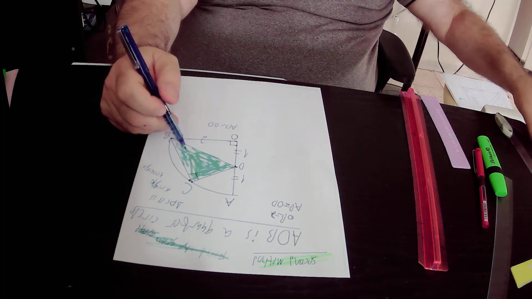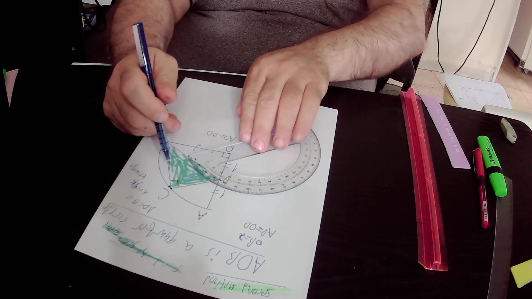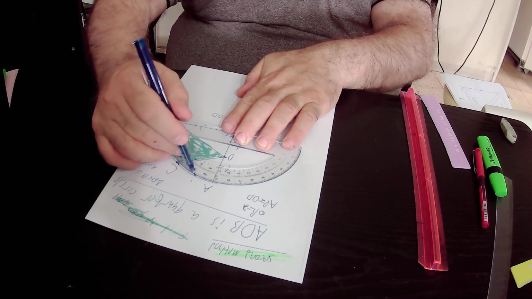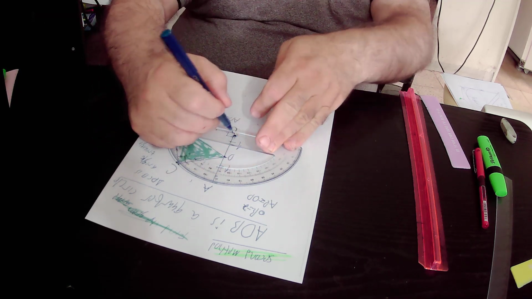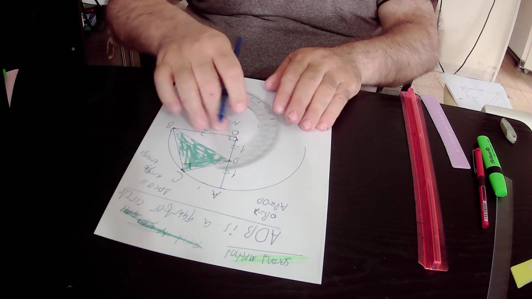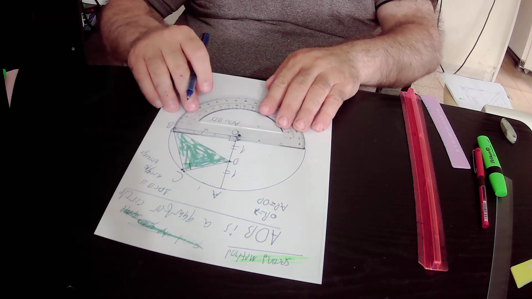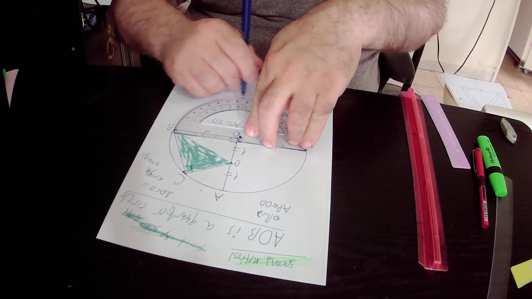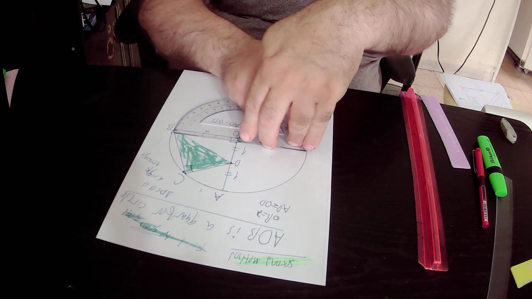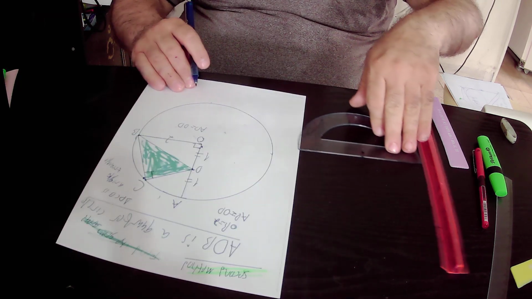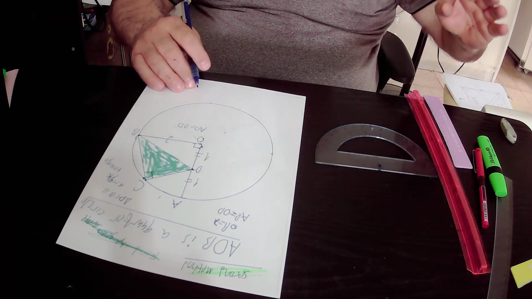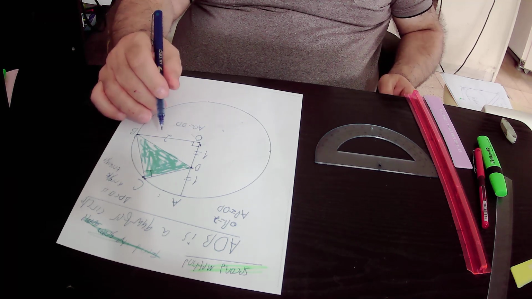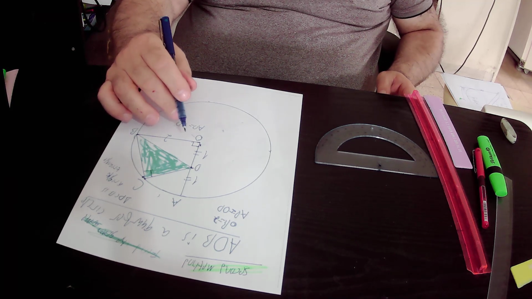In the next step, we complete the quarter circle to a semicircle.